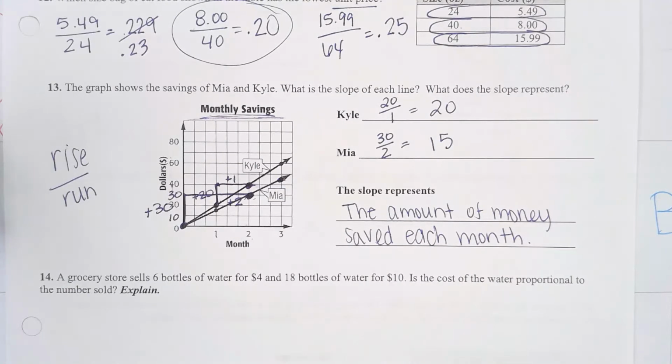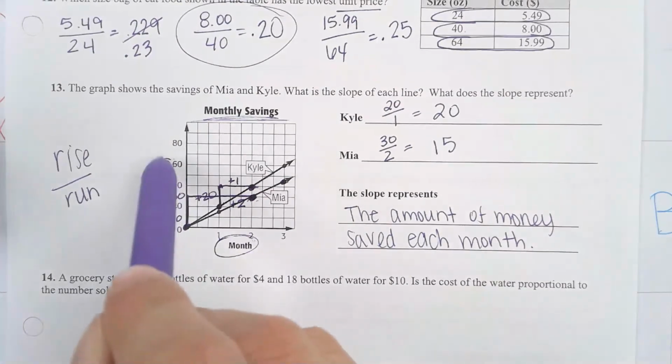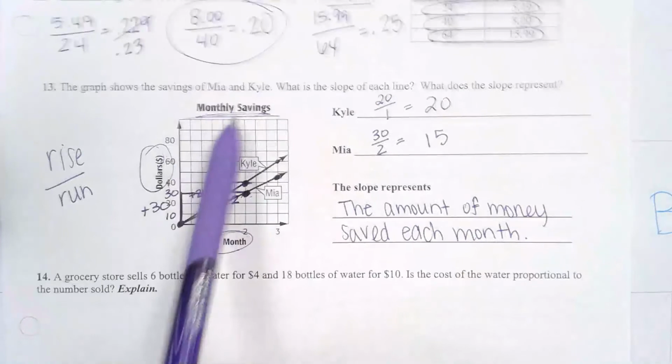Okay, so when you guys are writing your sentence, make sure that you include your x variable and your y variable in your sentence, and make sure that it is talking about what the graph is talking about.